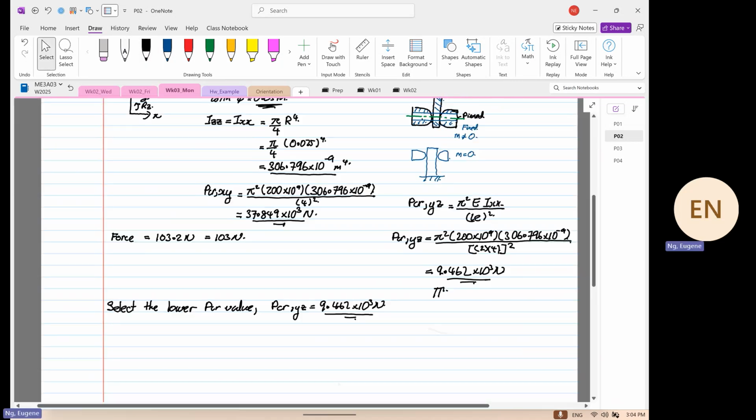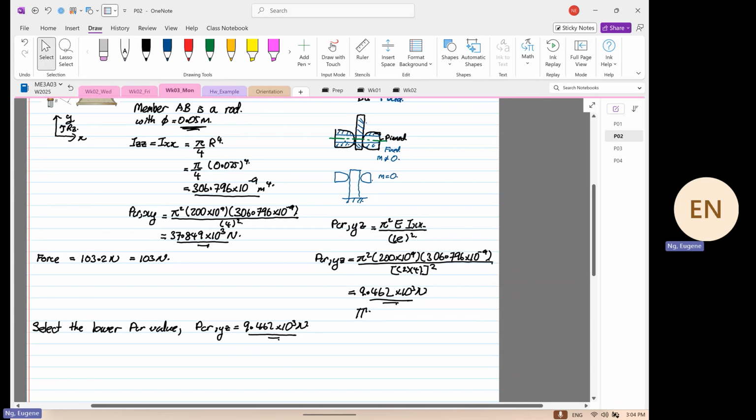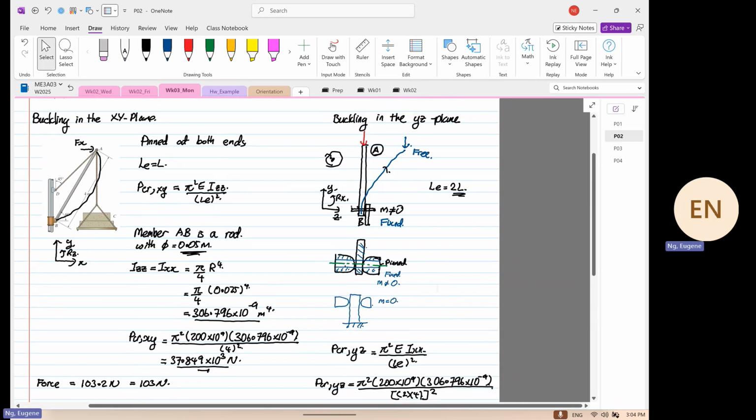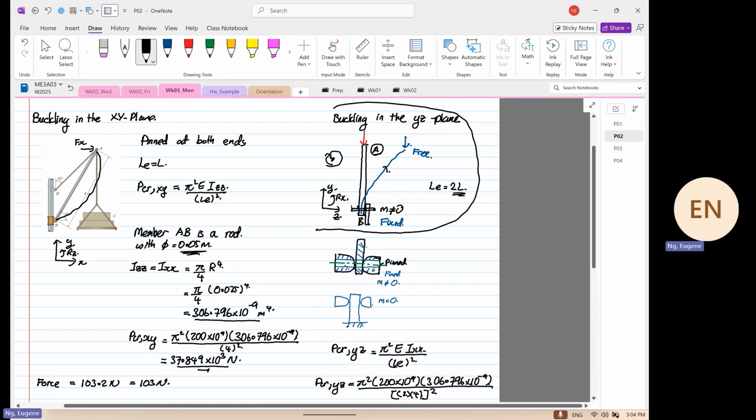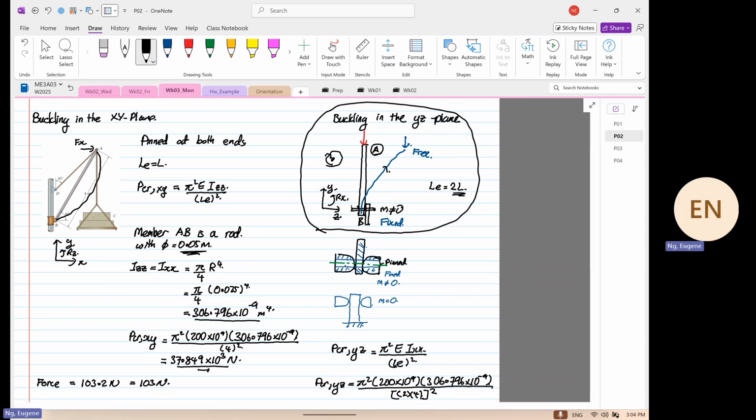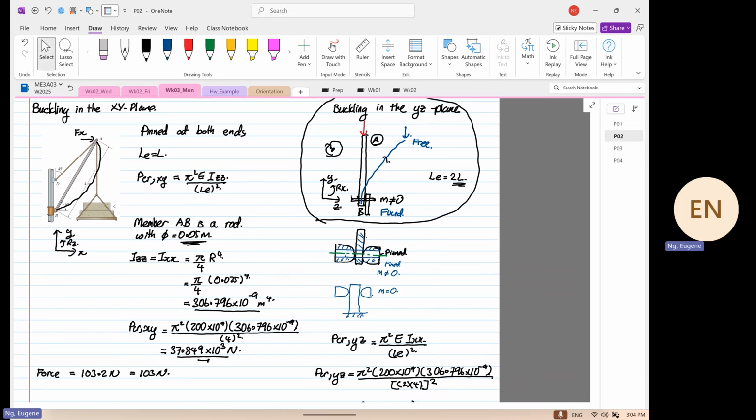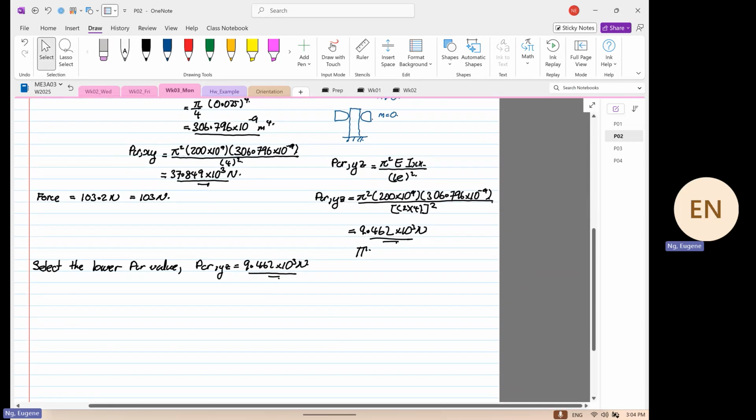The reason why it has a lower critical load is how the ends are held. You can see it is one of the worst configurations you can have, where one end is fixed and the other end is free. Okay. So now you know the critical load in the YZ direction is 9.462.